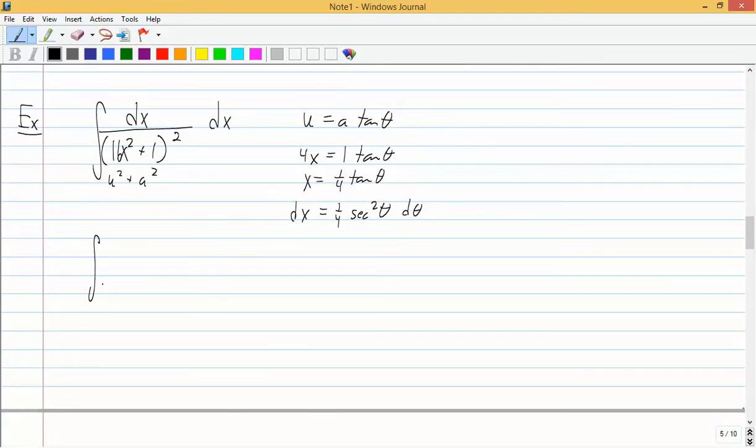So if I plug in for x 1/4 tangent here, and I plug in for dx 1/4 secant squared here, I wrote 2 dx's, I'm sorry. I'm double dx today.